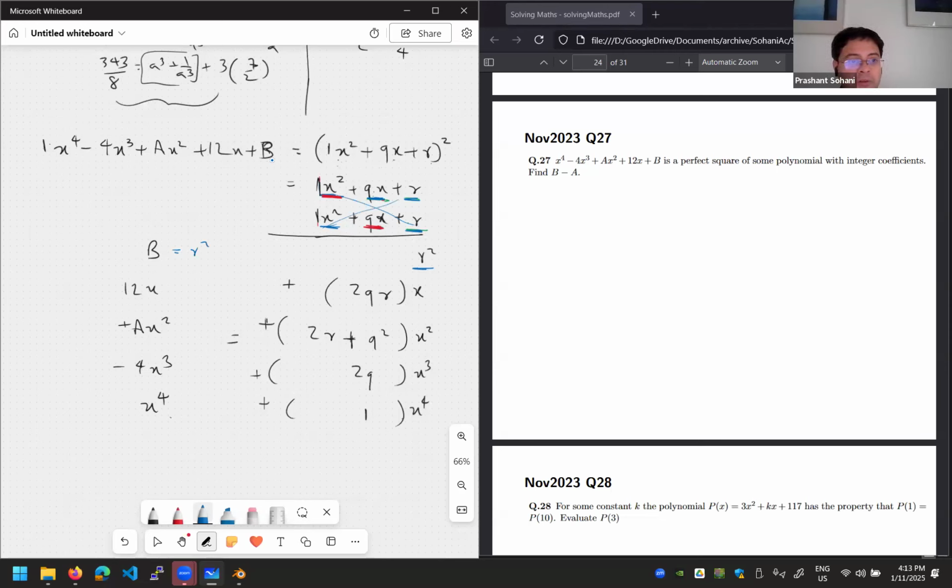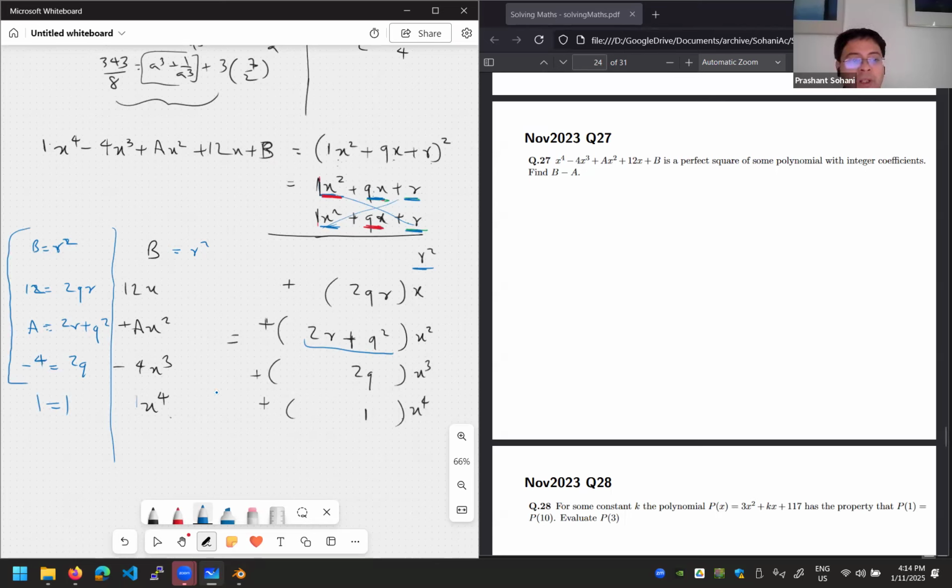Then 12 will be equal to 2qr. Then capital A will be equal to 2r plus q square. Minus 4 is equal to 2q. And the last one is 1 equal to 1, which doesn't give me any information. So I have these four pieces of information available.